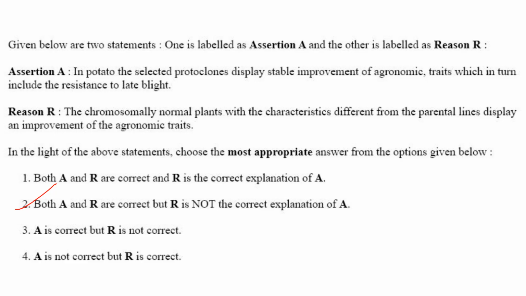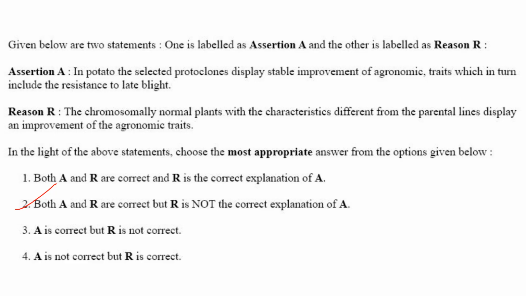Then next one. In potato, the selected protoclones display stable improvement of agronomic traits, which in turn include resistance to late blight. That's correct. Protoclones are genetically identical plants or cells derived from a single progenitor cell through tissue culture. They are clones of cells.